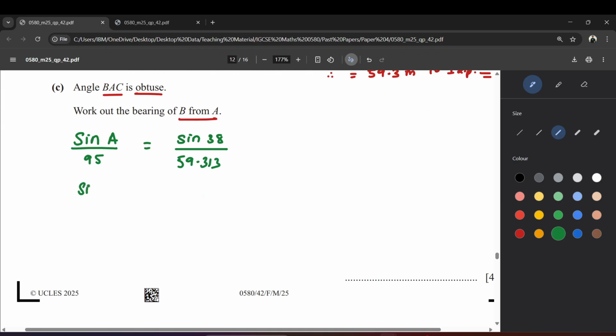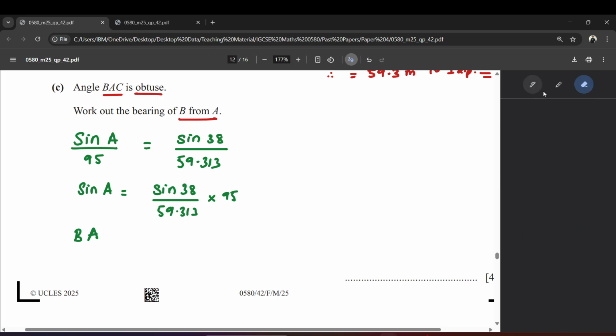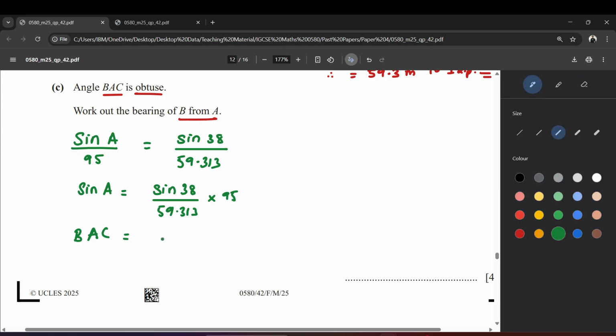All right, so now we know that sine A is equal to sine 38 divided by 59.313 times 95. You can say angle A, or you can just say that angle BAC is equal to sine inverse of sine 38 divided by 59.313 times 95.